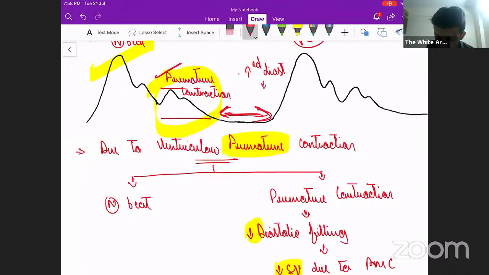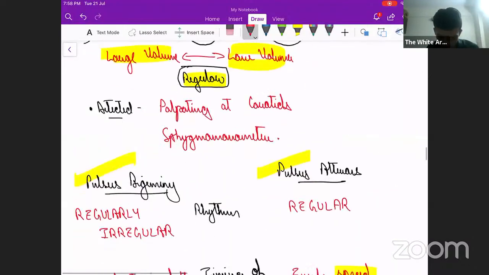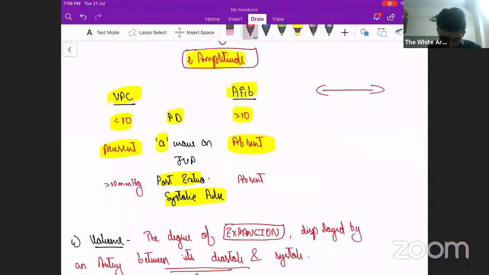So that will lead to increased end diastolic volume. When there is increased end diastolic volume, stroke volume will be high and left ventricular contraction will be vigorous. So when this happens, we can expect a surge in the pressure. This surge in the pressure is called the post extrasystolic pulse.